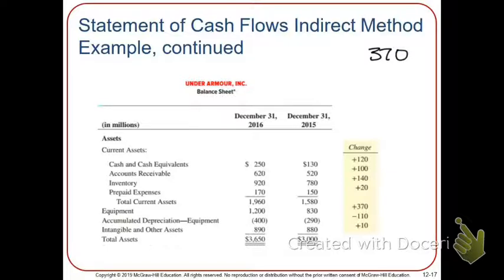And now I'm going to start looking at my current assets. What is my first current asset? Cash and cash equivalents. That is always my first answer. But I want to tell you, we do not use those numbers. Keep these 3 numbers in your head because we will come back to them.